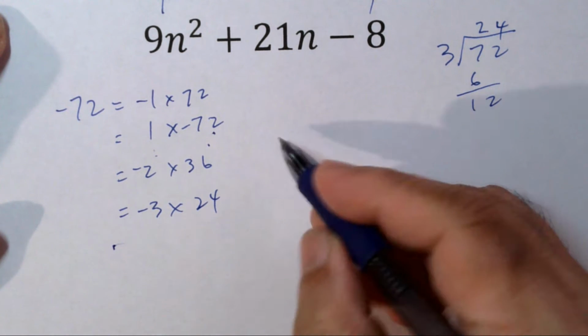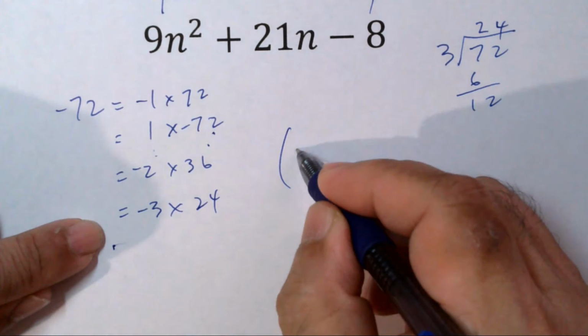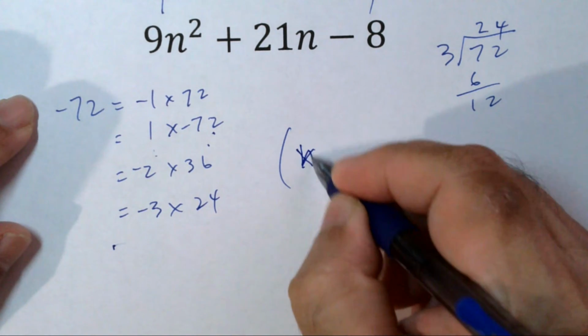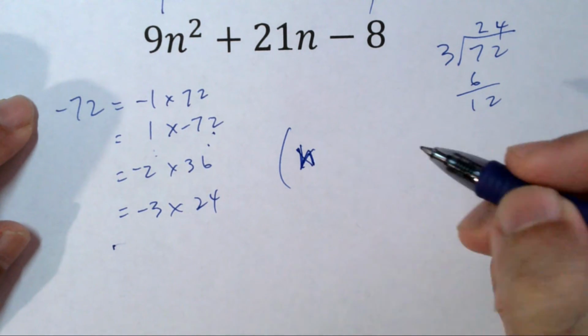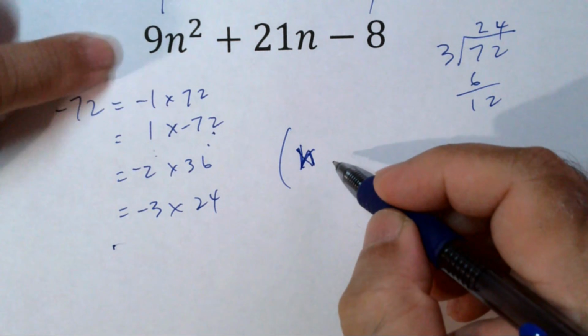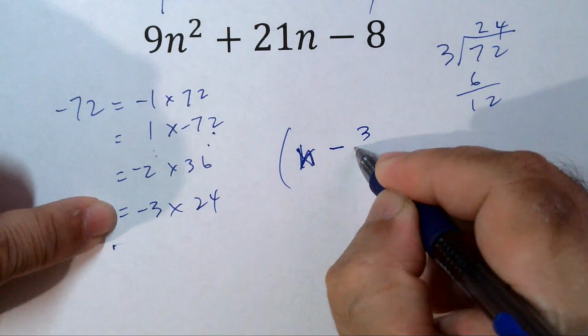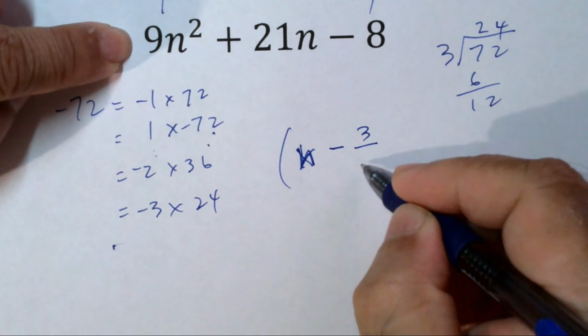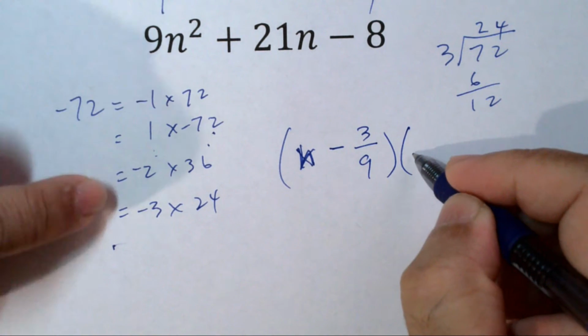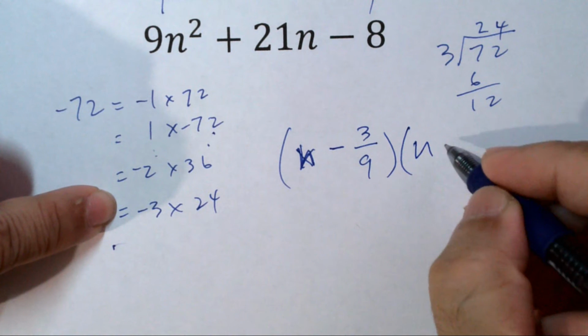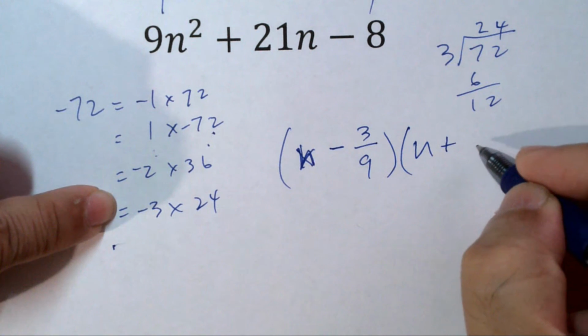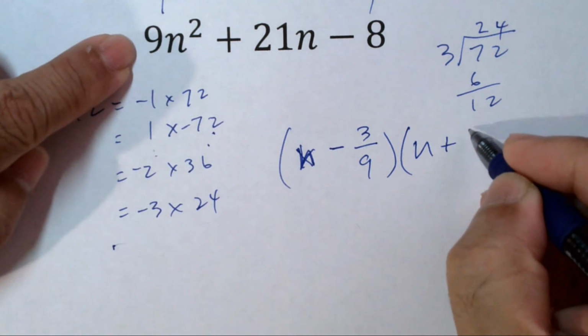All right. So we're going to say n minus, because it's a negative, 3 over the leading coefficient of 9, and n plus 24 over the leading coefficient of 9.